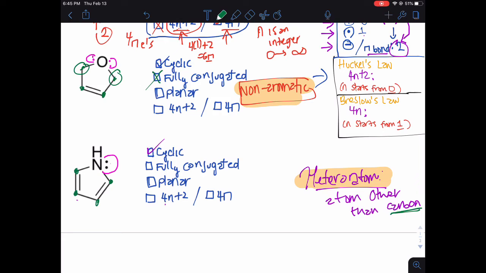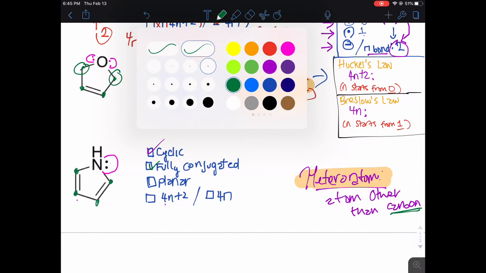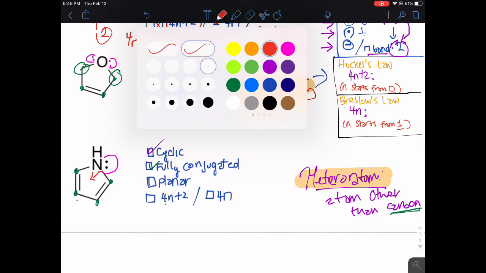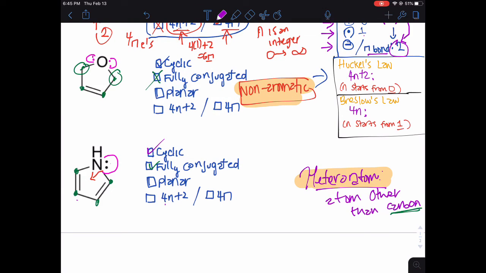The question is, will this nitrogen be able to donate its electrons into the structure? Would that lone pair be able to participate in conjugation, basically? We'll answer this more as we go through counting the pi electrons. Is it planar? Yes, it is.